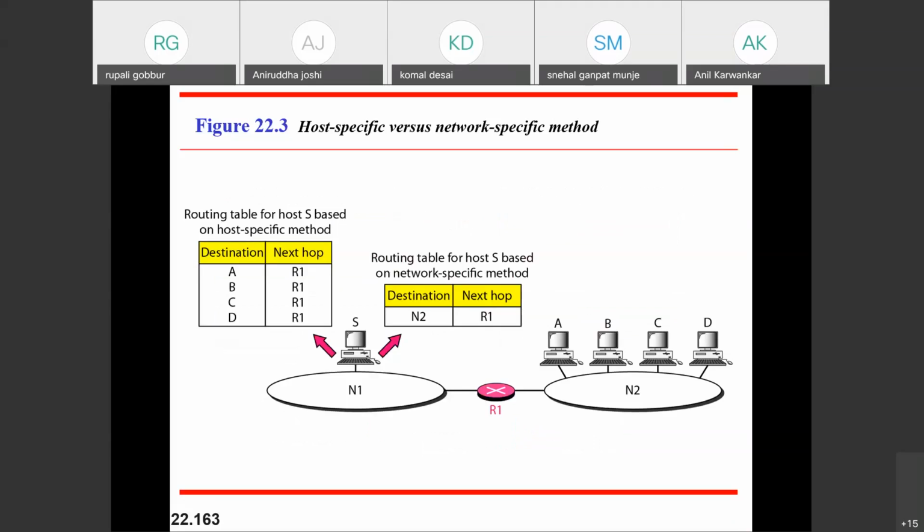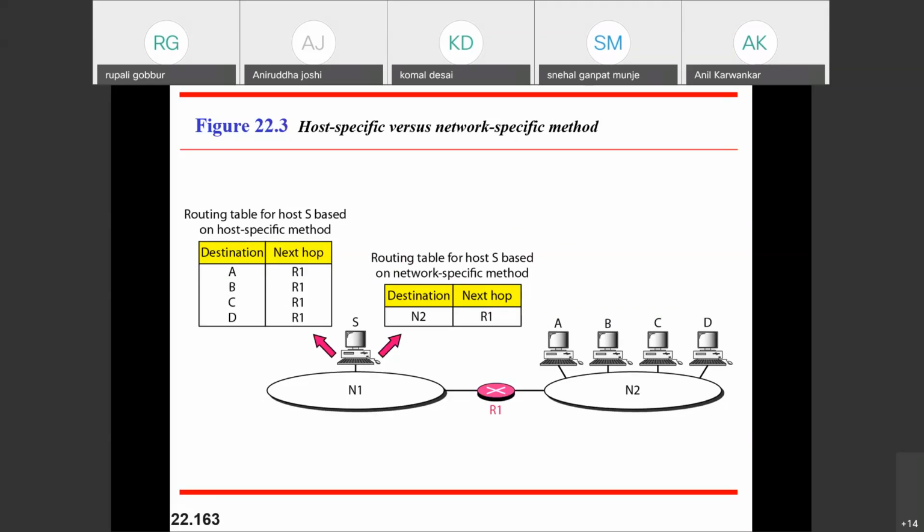We have a routing table for say host S based on the host specific method. For destination A, the hop will always be router 1. The routing table for host S based on the network specific method will have destination N2.